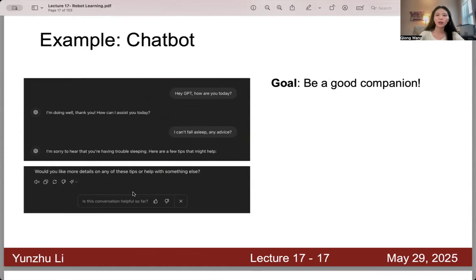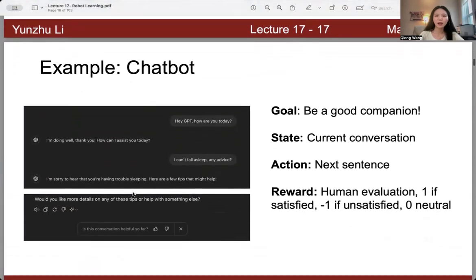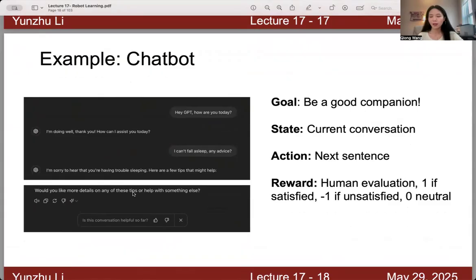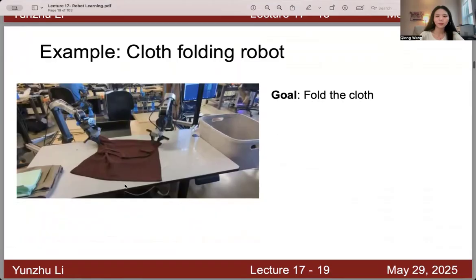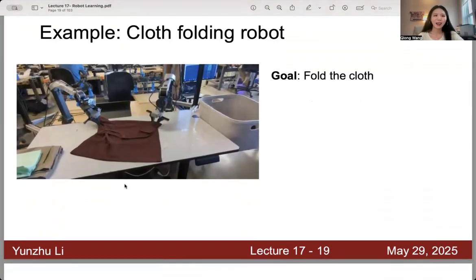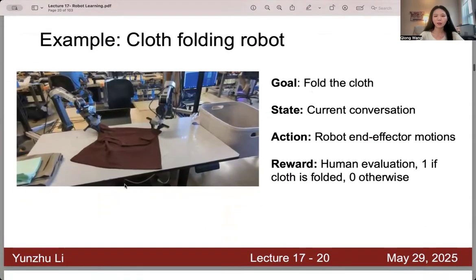The goal is to be a good companion, and the reward comes from human evaluation: 1 if satisfactory, -1 if unspecific, 0 if neutral. Another example is clothes folding, and the reward is human evaluation: 1 if the clothes are folded, 0 otherwise.